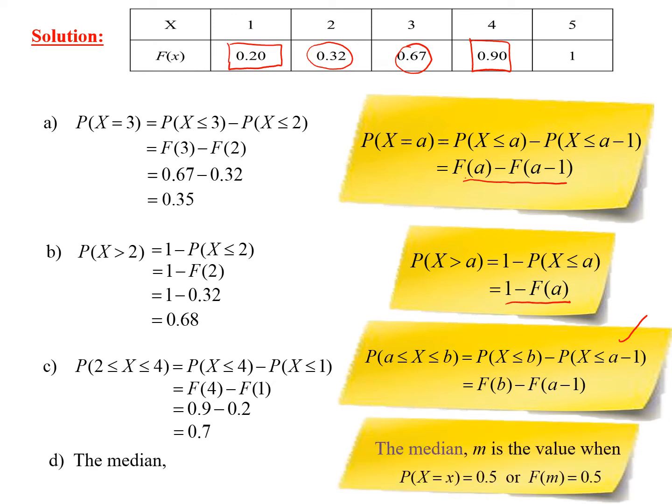For the median, we have the formula F(m) equals 0.5. So 0.5, by referring to the cumulative distribution function that is given in the form of the table, 0.5 is here. So our median equals 3, x equals 3.